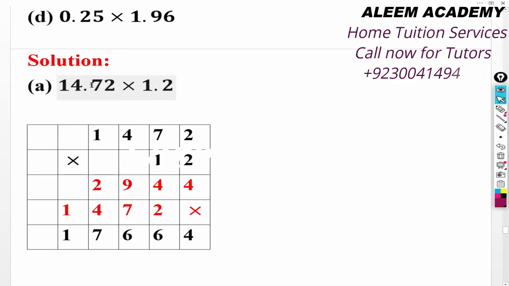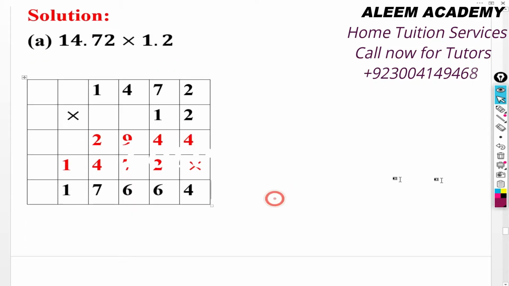So these 2 digits and 1 digit total 3 digits. You have to move 3 digits from the right side and then put the decimal: 1 digit, 2 digit, 3 digit. So the decimal will come here. The answer will be 17.664. Okay, you got it?